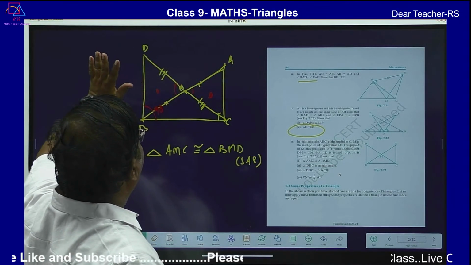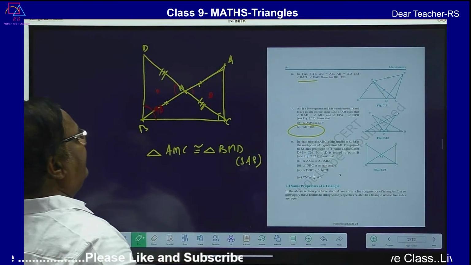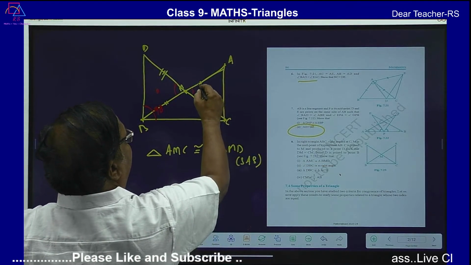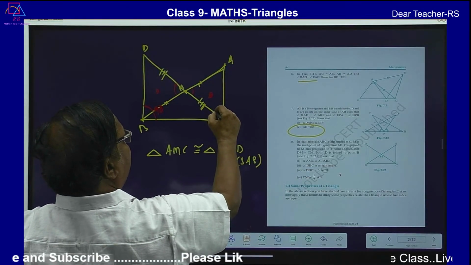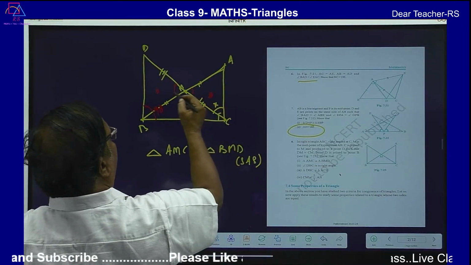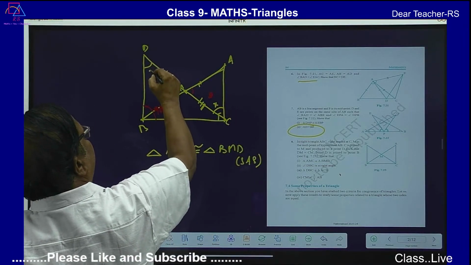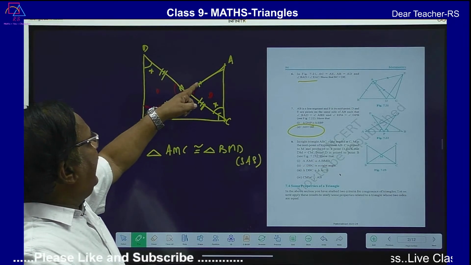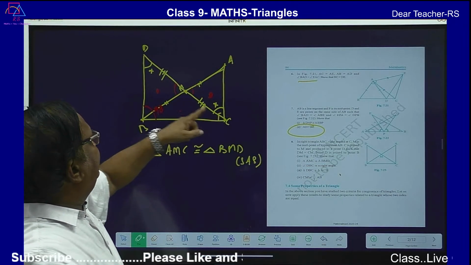Okay, so then we will put equal marks. Angles opposite to equal sides, say this is X, and here this is also X. Got it? Because these two angles opposite to equal sides are equal.